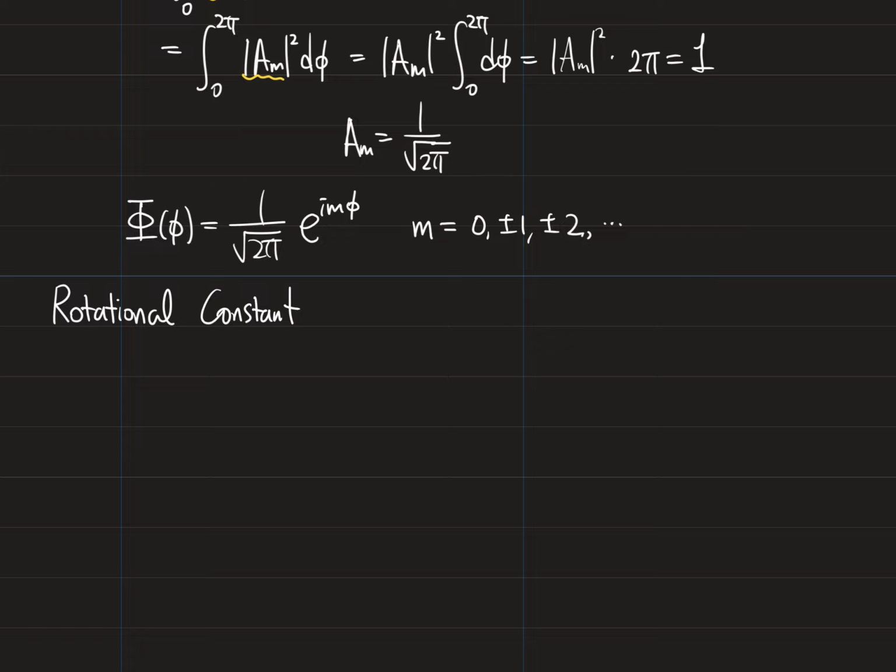We define beta while we try to solve the Schrödinger equation for the rigid rotator, which is given as 2IE divided by h bar square.